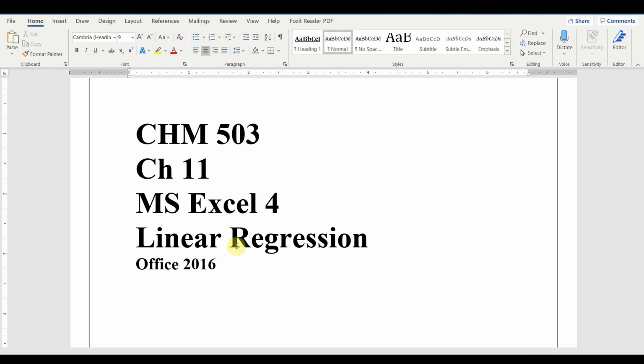Recall we also performed a regression on quadratic data using the Sharp calculator, but only to a very limited extent with Excel.